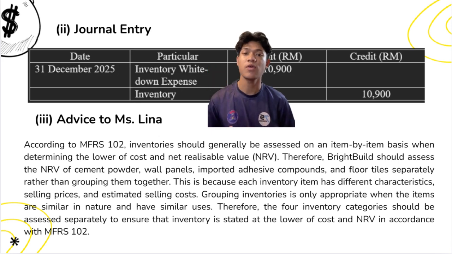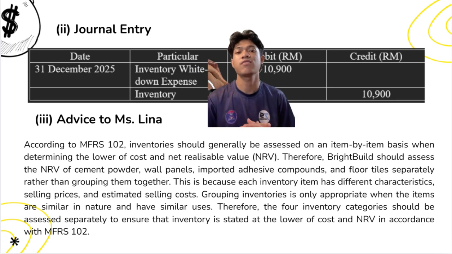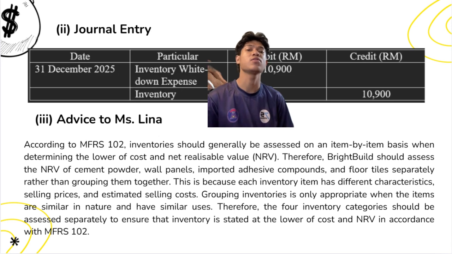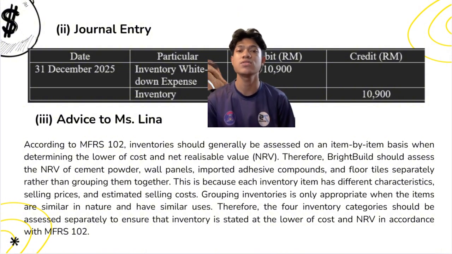Therefore, cement powder, wall panels, imported adhesive compounds, and floor tiles should be evaluated separately rather than grouped together. This ensures that inventory is reported accurately and in compliance with MFRS 102.